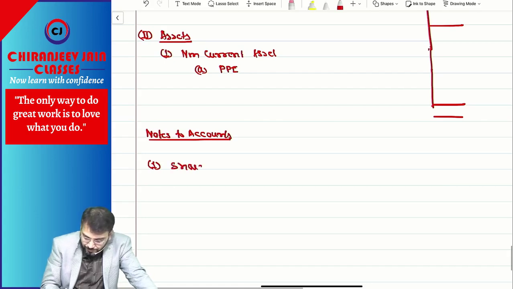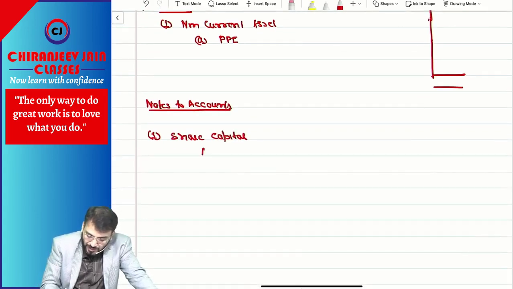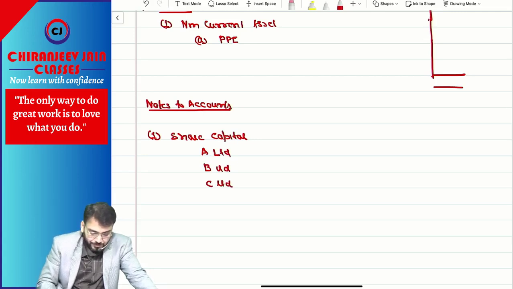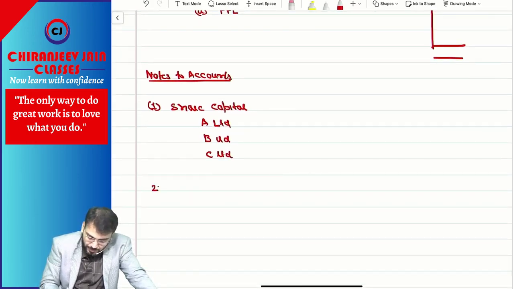Notes to accounts. One, share capital. That we don't know yet. But can we write down how much share capital of A Limited, B Limited, and C Limited? PPE, can you give me one by one?